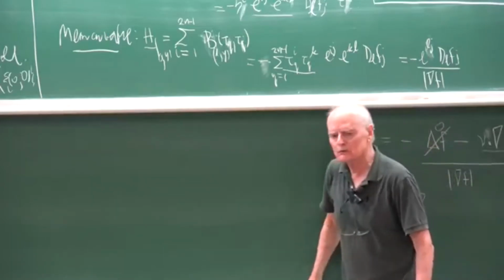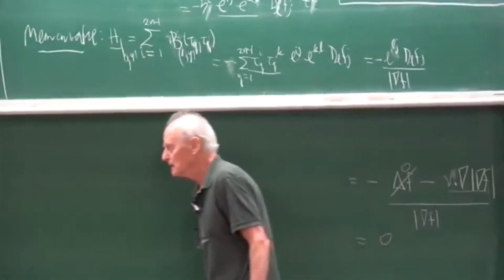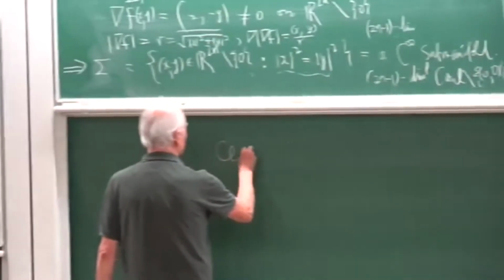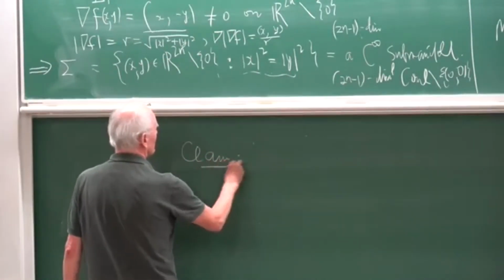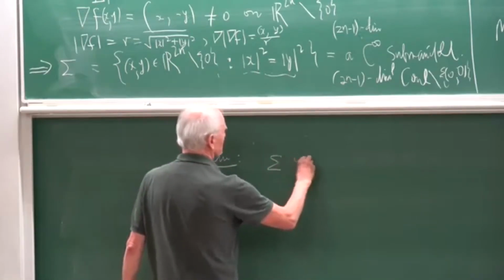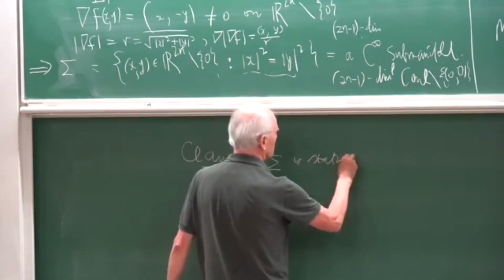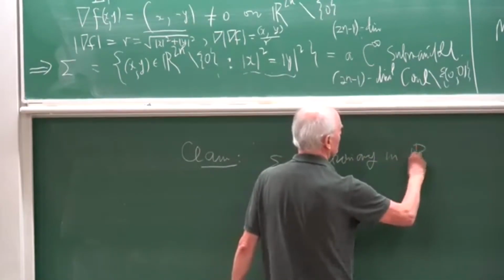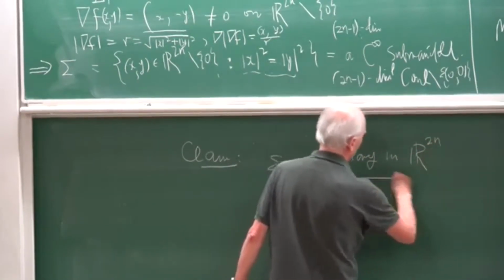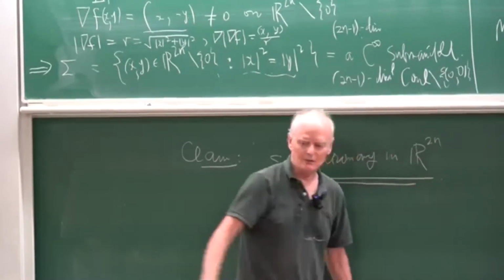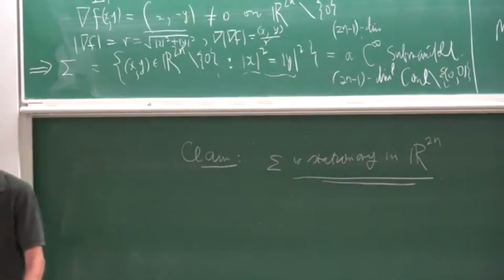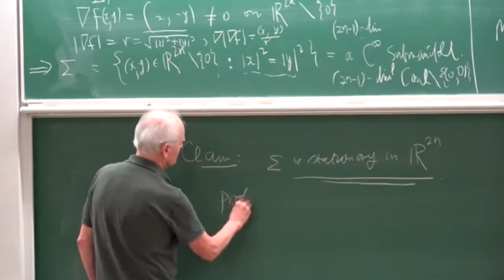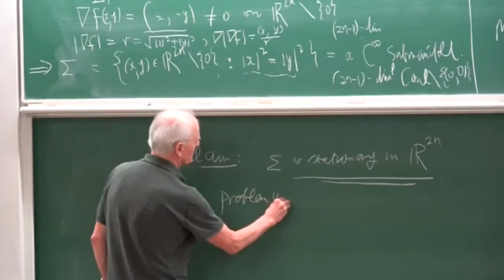Now, I claim it's also stationary in R2n. Sigma is stationary. That means it has first variation 0. Stationary in all of R2n. Well, in fact, if you did this week's homework, you'll know that that's true, because that was problem 4.5.